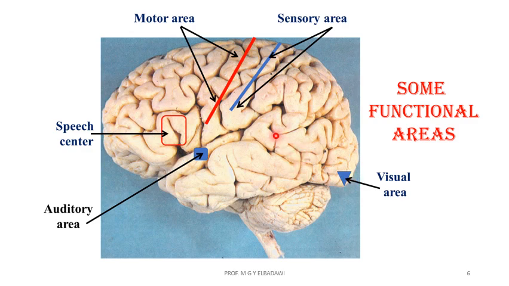Here, again the superolateral surface with some functional areas. As we mentioned, the precentral gyrus is the motor area of the whole body. The postcentral is the sensory area for the whole body. Here we have the posterior branch of the lateral sulcus, and this is the anterior branch here.